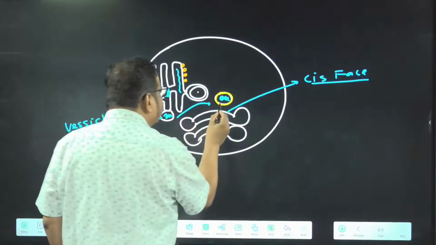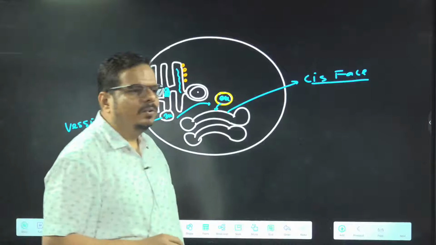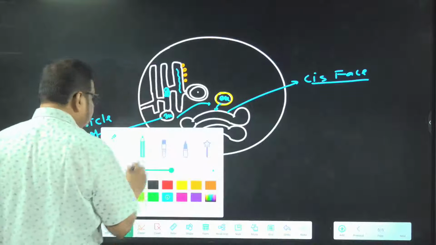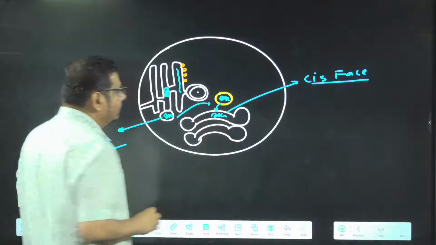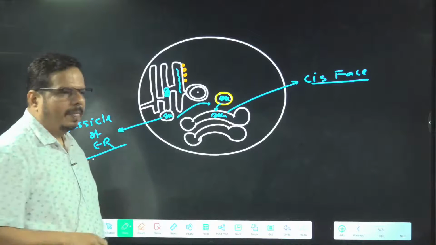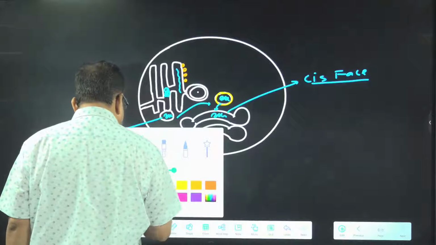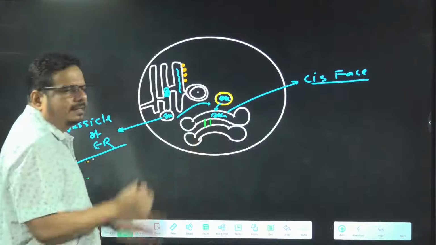Now these vesicles fuse with the cis phase, and when they fuse, they release their protein into the Golgi body. Now from the cis phase to the trans phase this protein migrates, because both are connected.